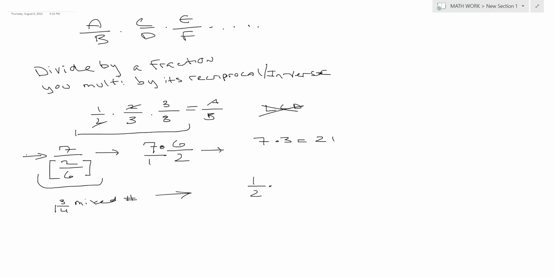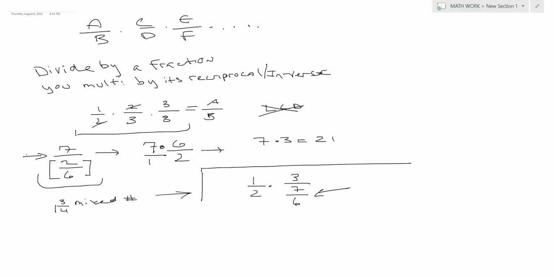So 1/2, say, times 3 divided by 7/6, right? Well, we can do that. You just have to take it step by step. It looks intimidating. That's what I'm trying to say. But what you have to realize is that you have to take this step by step. The first step would be to convert the mixed number, but there's no conversion.